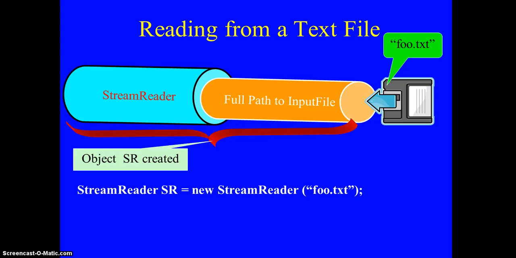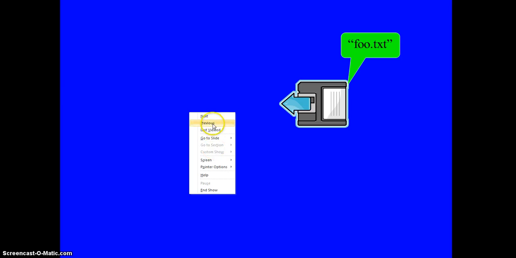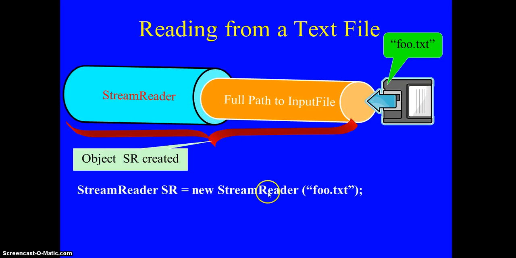In a minute I'll show you the listing in the program, and once you have that, you're able to make this constructor call equal to new StreamReader and pass the full path to the file. This is not a full path, this is only the relative path.